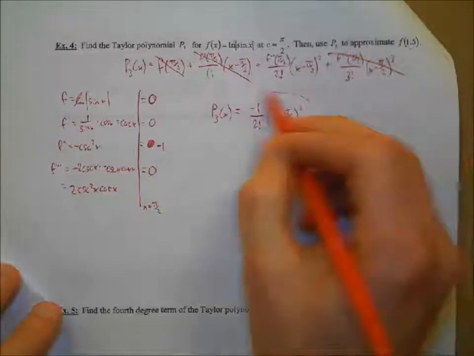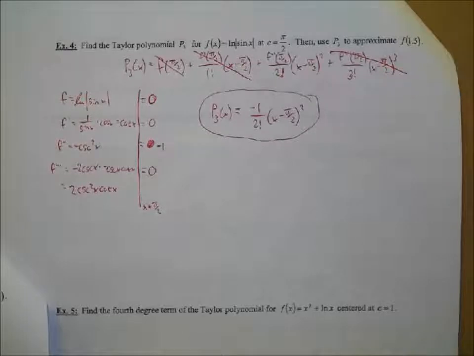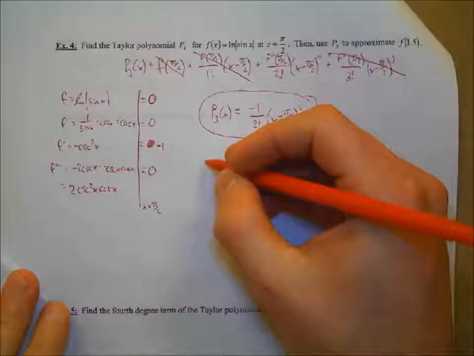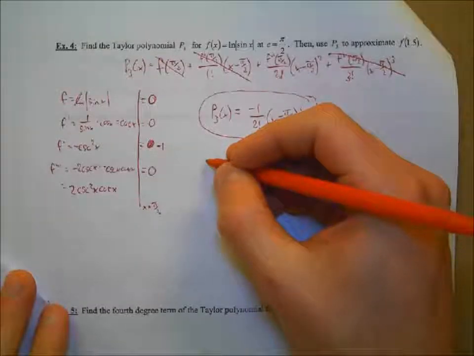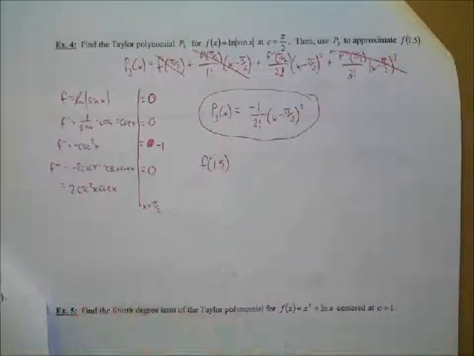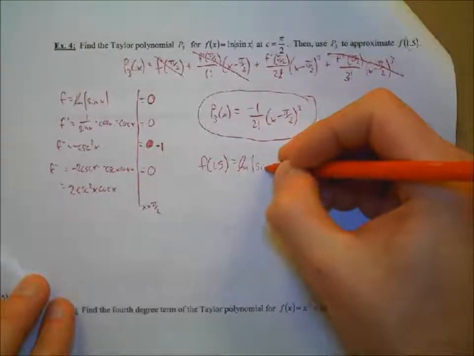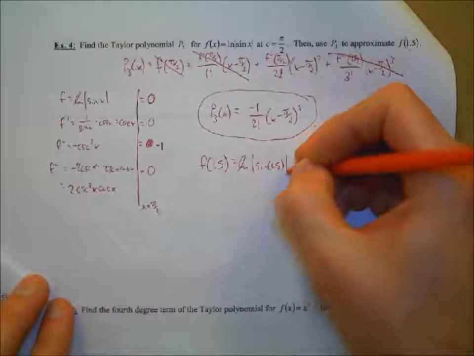So there's our approximation. Let's see how it holds up. Let's find the actual value of f of 1.5, the natural log of the absolute value of sine of 1.5, and then we'll compare it to our approximation to see how we did.